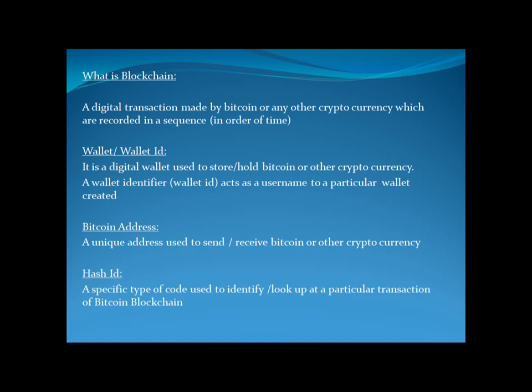What I'm trying to say is, whenever we do a transaction, that means if you're sending bitcoins or any other cryptocurrency, or receiving Bitcoin, these are the types of transactions, and these transactions are recorded in a particular code, and that code is processed in a sequence. What type of sequence? That sequence is placed according to the time of creation. That's why I said in order of time here. Pretty simple to understand what a blockchain is.